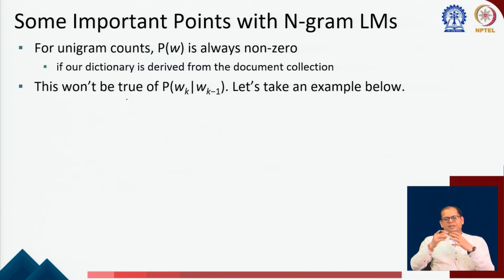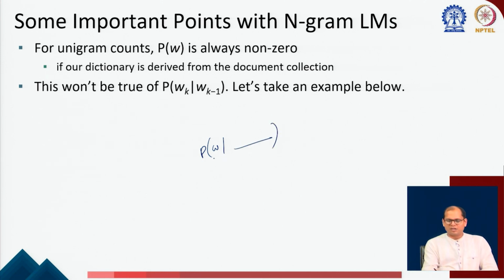You always work in a space of words, so you have a fixed vocabulary, because this probability distribution is over a word that can take only a finite number of values, that is, your vocabulary size.